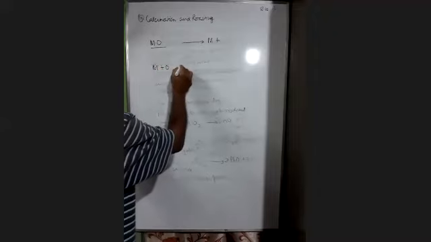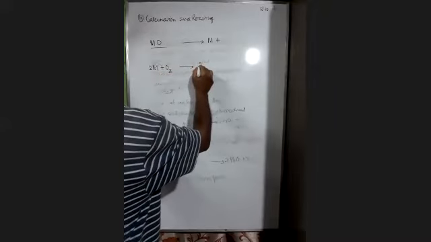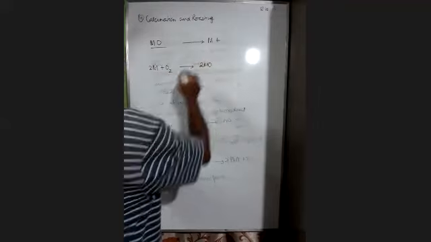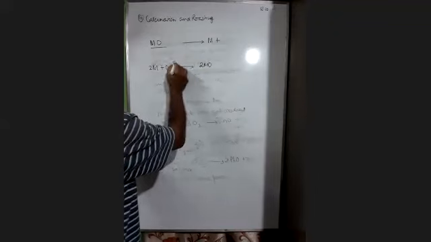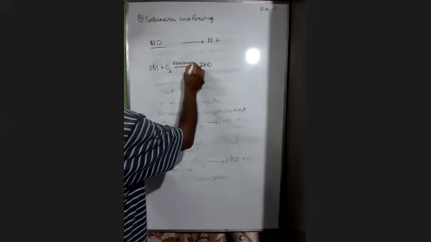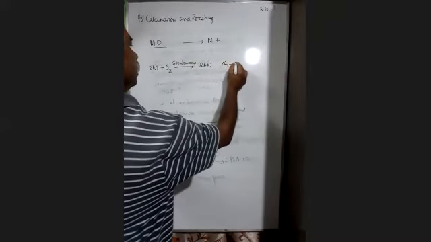M plus O2 immediately forms 2MO in nature. See, if you keep an iron article outside, does it not get rust by itself? You don't have to go and request it to rust. So this process is bonding, that is, delta G is negative.